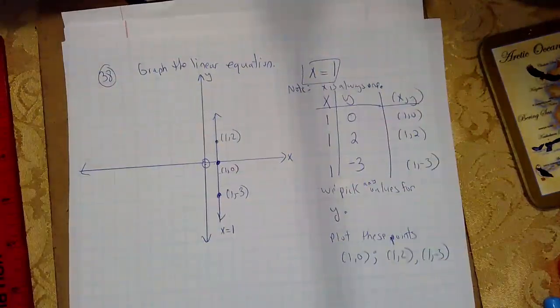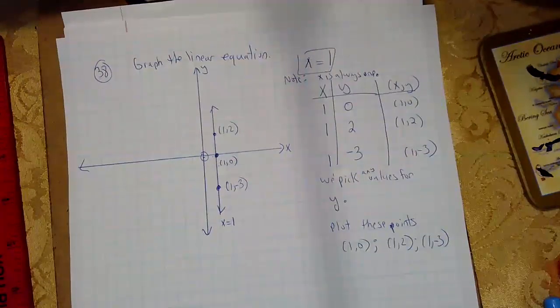And then let's see what 39 says. 39 says that they want you to find an equation for the line shown on the graph.